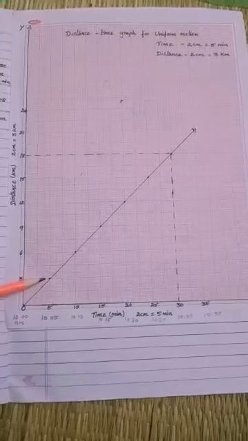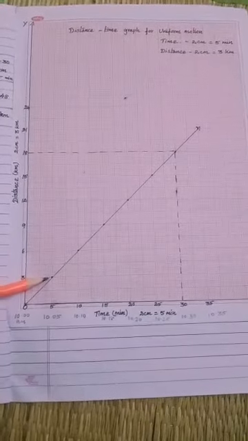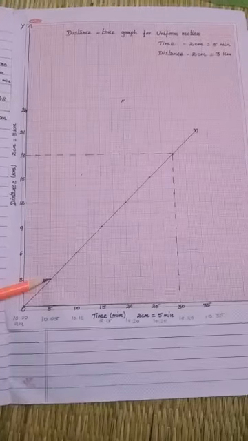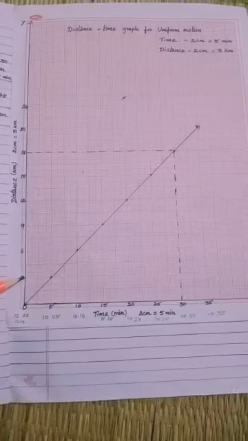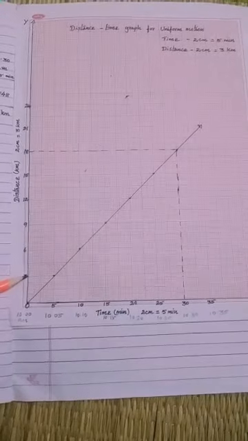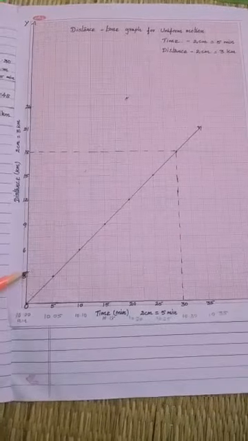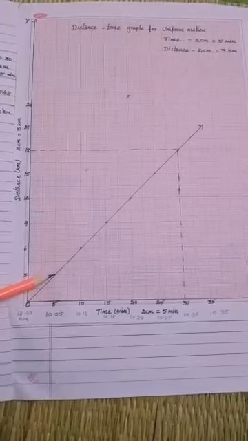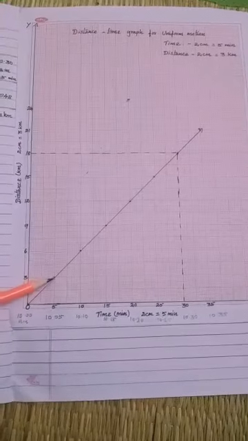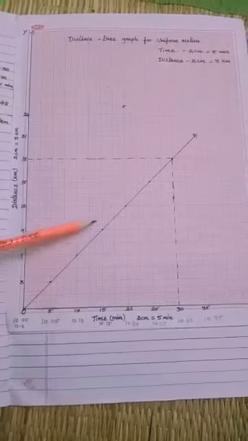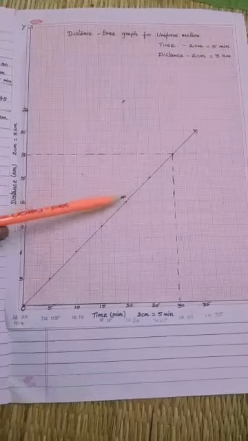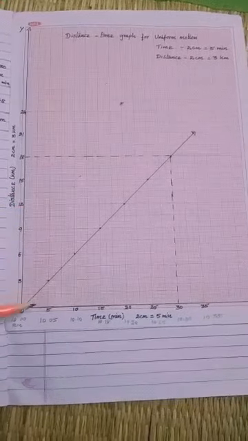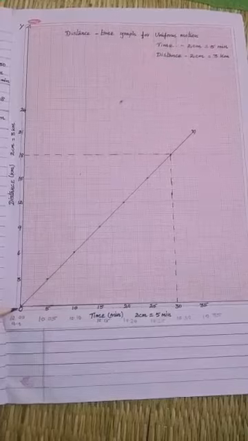Mark the point that is directly above the point on the x-axis. Then mark the value of y, that is 3 kilometers, and directly to the right of the point on the y-axis. Then mark the rest of the points and draw a line that passes through all the points and the origin.